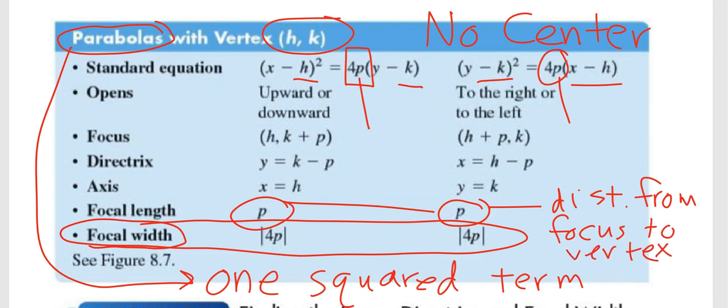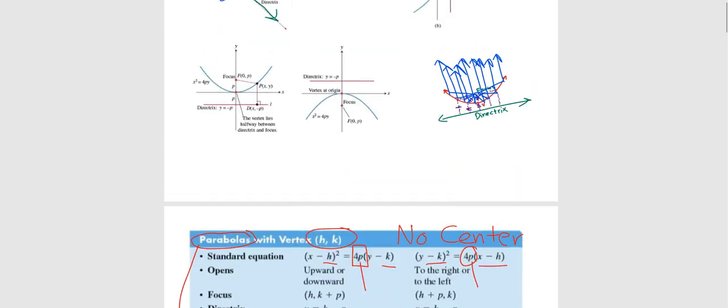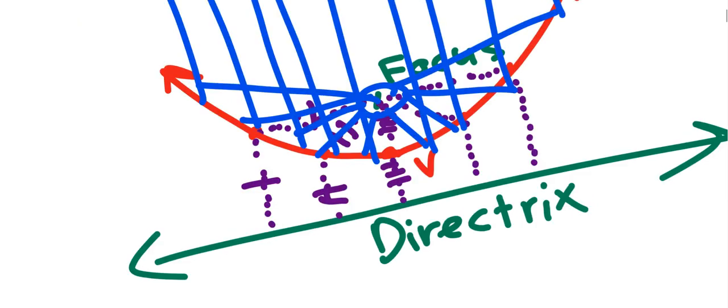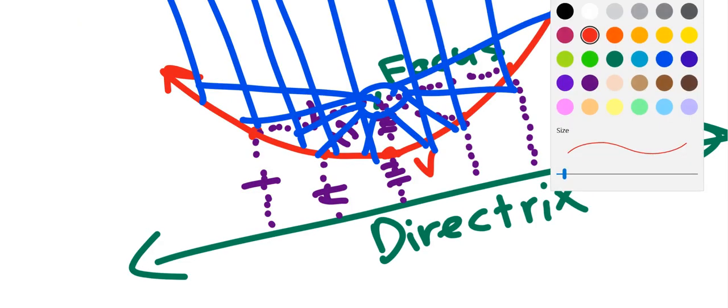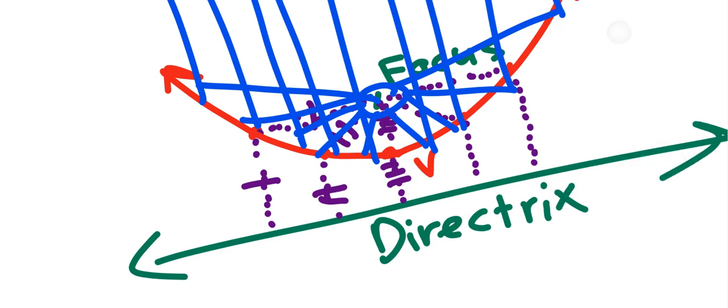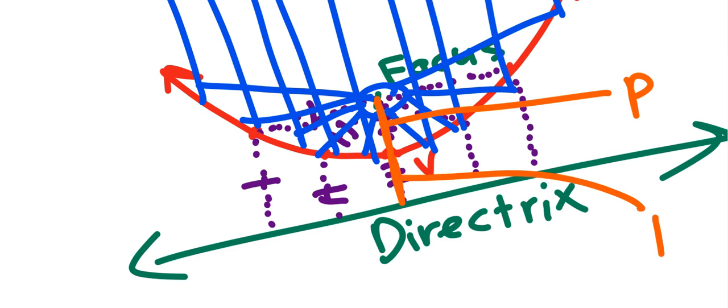But if you recognize your definition, back in your picture, remember the picture that we drew a little while ago? So if I do this in, let's go orange, the distance from here to here is 1p. What's the distance from the vertex to the directrix? It is the same.